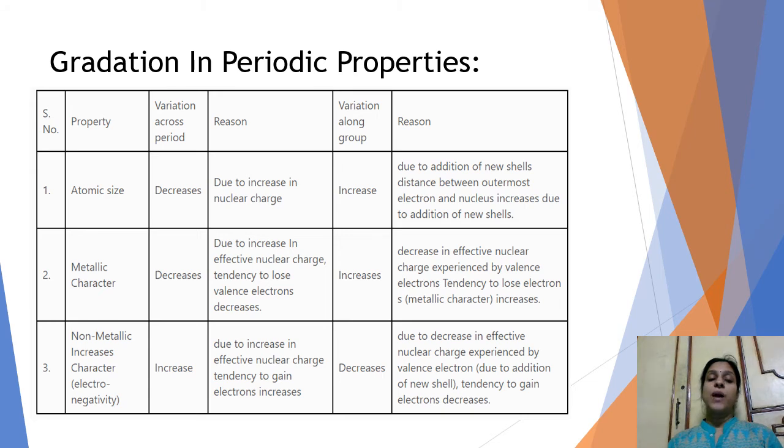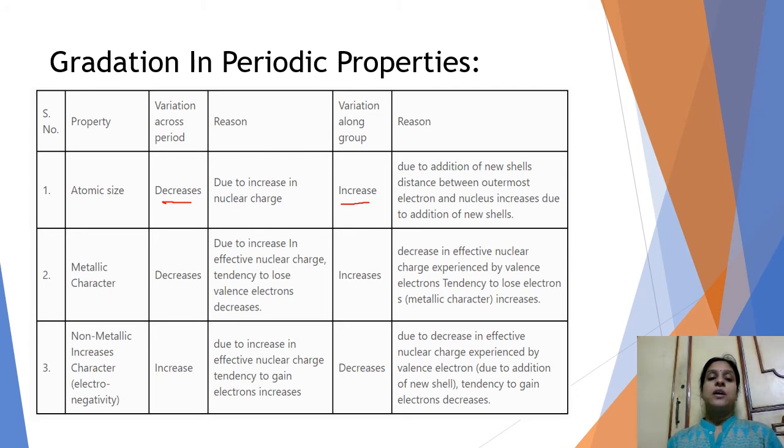So let us revise quickly. Atomic size increases along a group, and decreases across a period. There are the reasons also mentioned here.